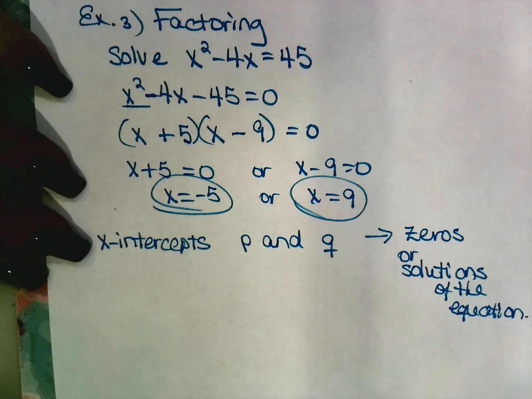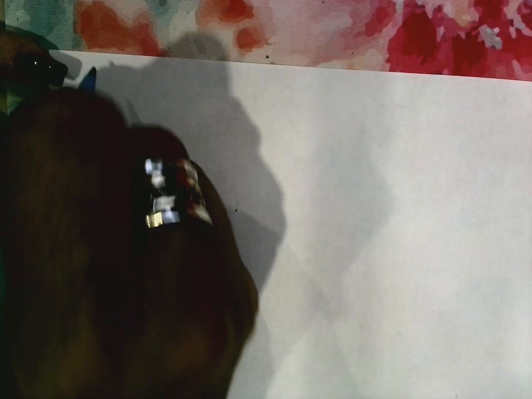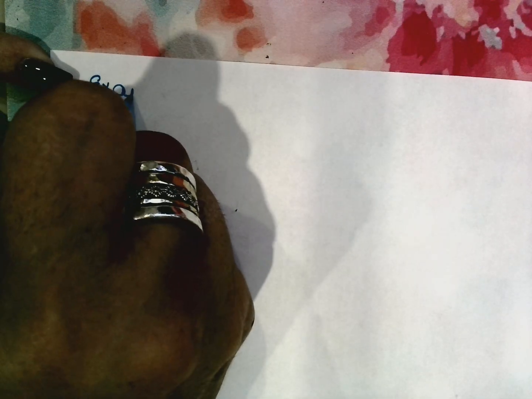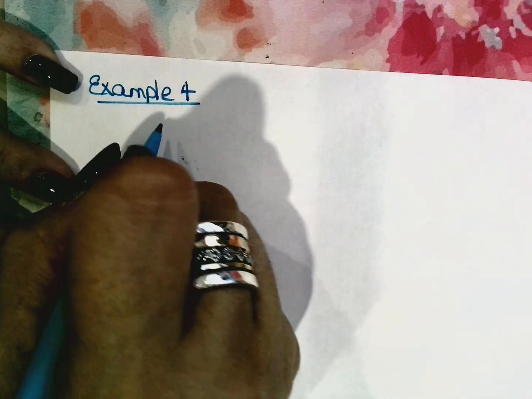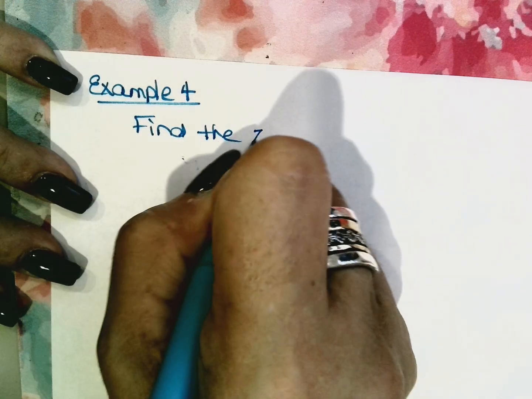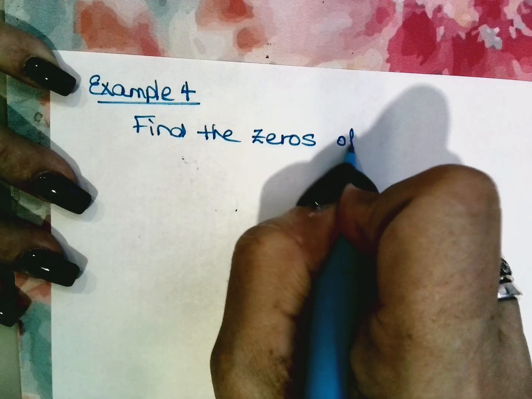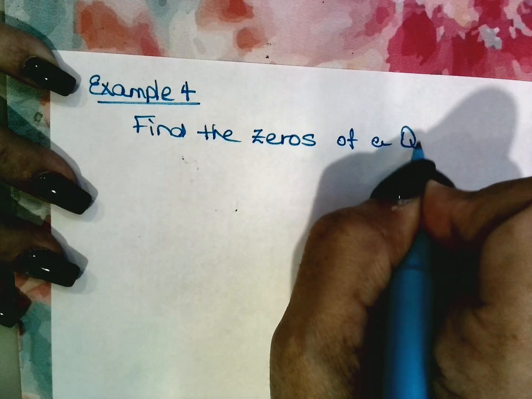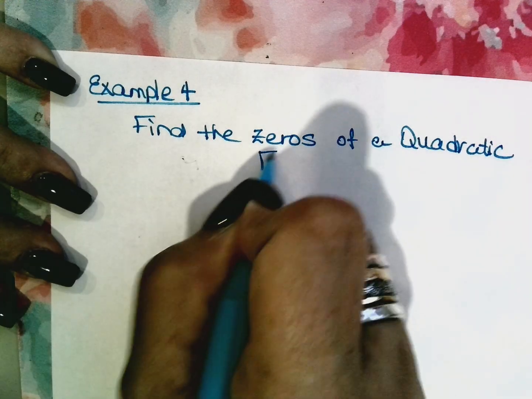Let's find the zeros of a quadratic function. So let's go over here. Example 4. We're almost done. Find the zeros of a quadratic function.